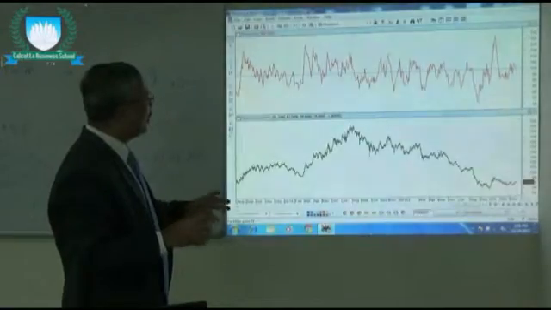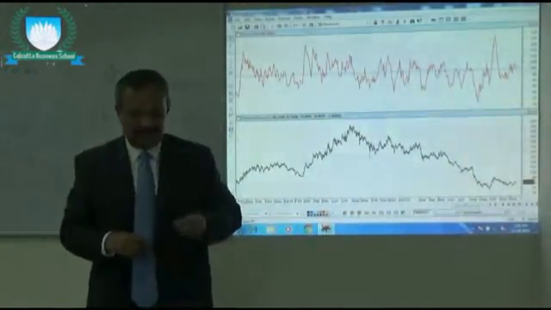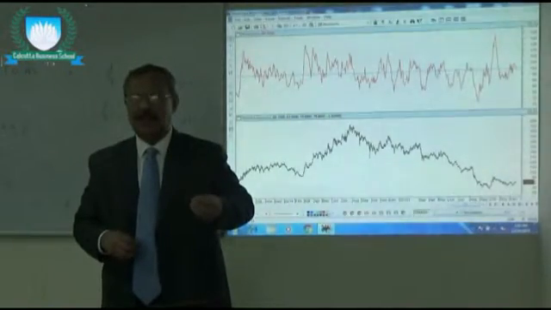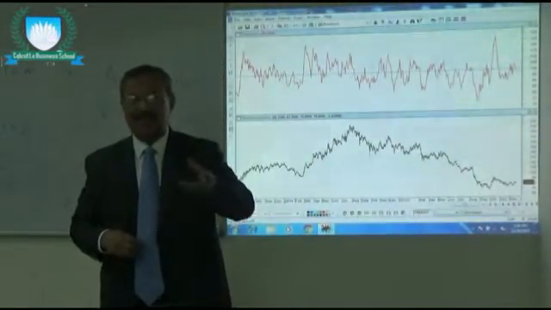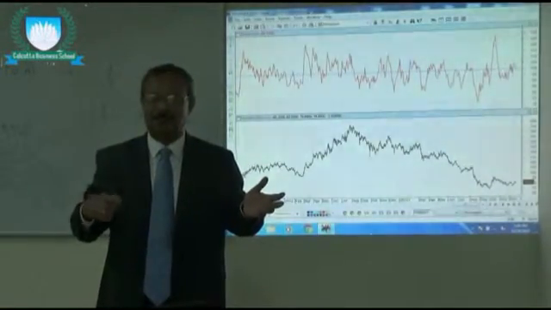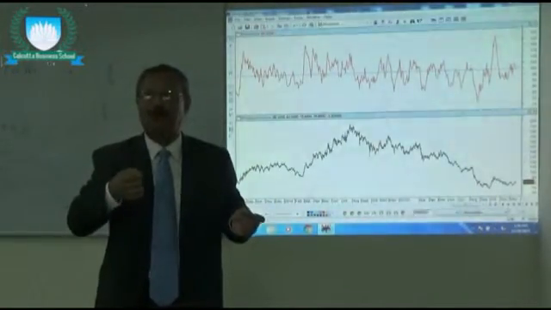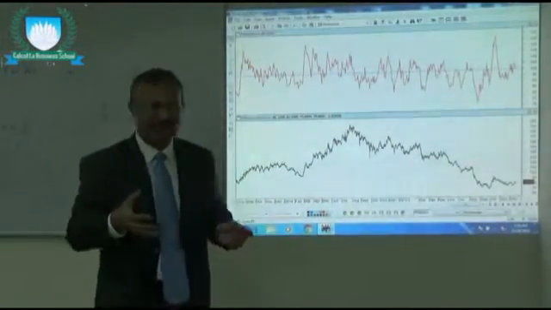Remember one thing, that when the momentum rises, it basically means that prices are increasing at an increasing rate, and this rate generally cannot be sustained for a longer period. And hence, the moment momentum starts rising, one should be careful that prices are going to fall after that.